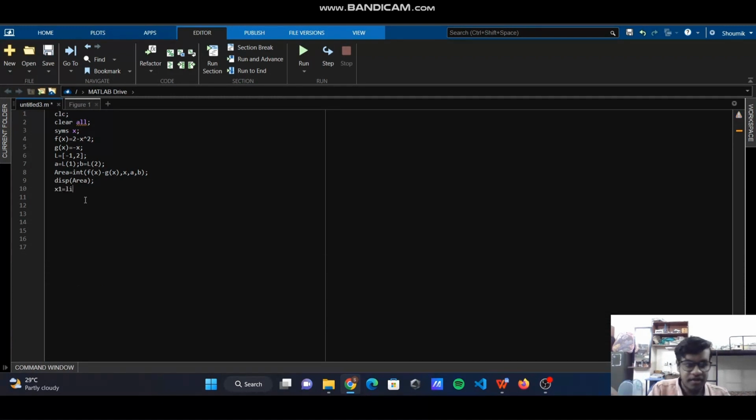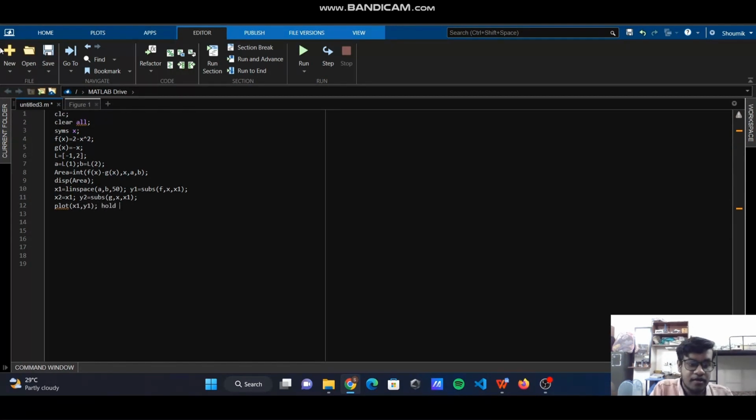Now to plot it, x1 equal to linspace a comma b comma, let's take 50, less computational time obviously. y1 equal to subs f x x1, simple. x2 equal to x1, y2 equal to subs g x x1, right? Plot, we are just going to plot, we are not going to give y label, x label and all that.